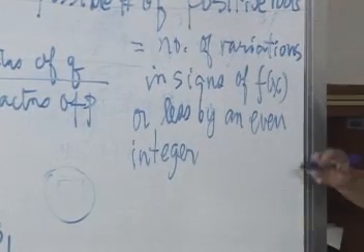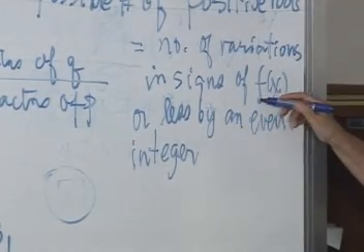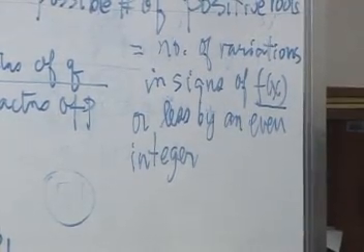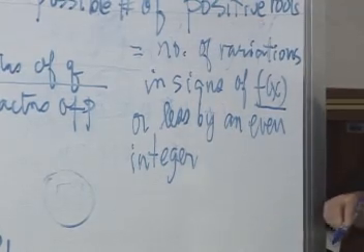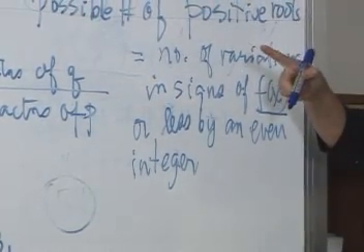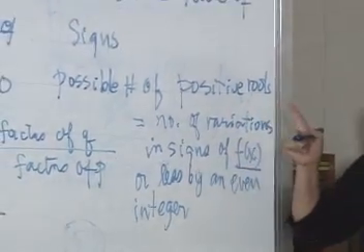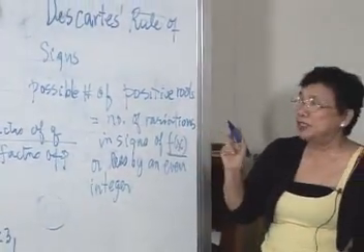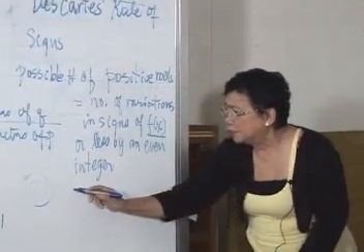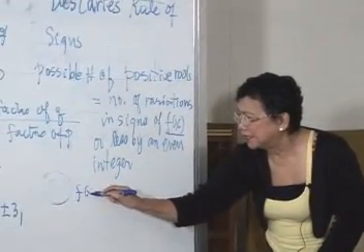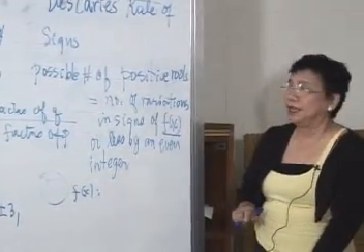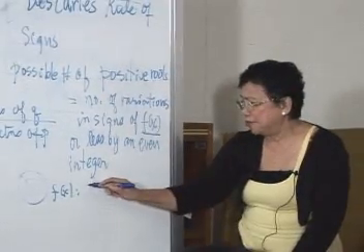So, let us now consider the signs of f of x. For f of x, you have 2x cubed minus 3x squared minus 11x plus 6 equal to 0. We are just interested in the signs. So, what are the signs of f of x? Positive.